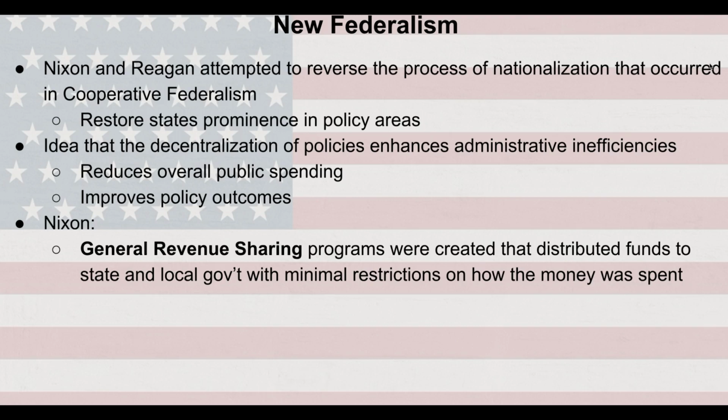But Nixon is going to free up states to utilize the federal money in the ways that they see fit at the state level. And so general revenue sharing is something that really hands a lot of power back to the state and local level instead of centralizing it at the national level.